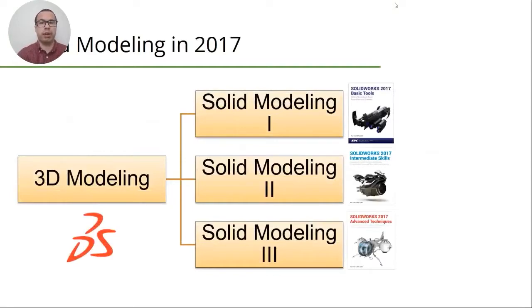Solid modeling in 2017. Like I explained before, our strategy for solid modeling is based on SolidWorks, and we had Solid Modeling 1, 2, and 3 with books that were pretty fine, and then we had Solid Modeling 1, 2, and 3 certifications.